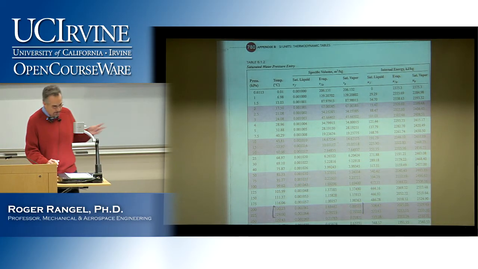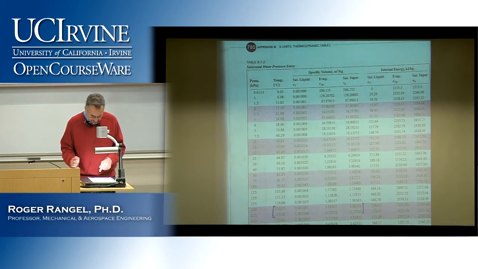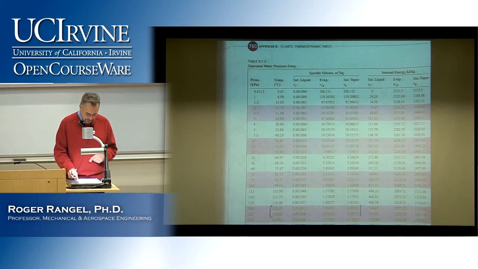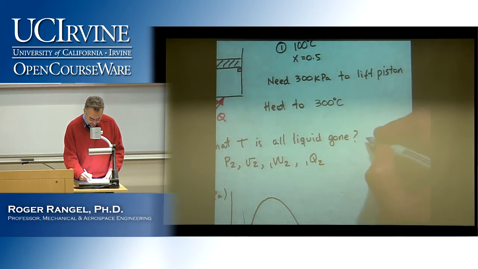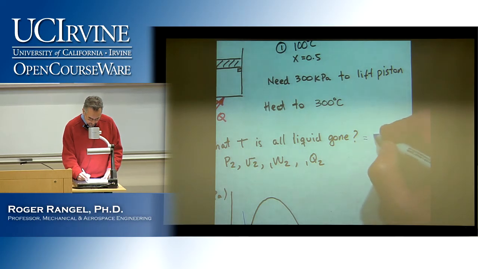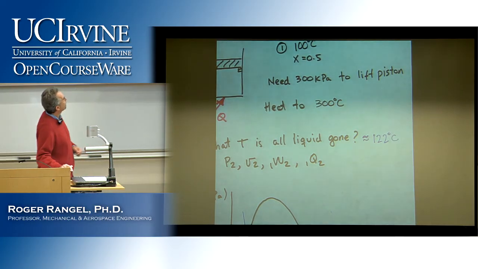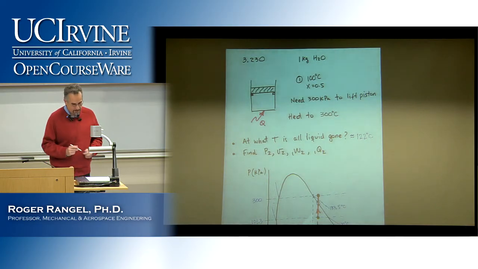It has to be between 120 and 124, so it's not a huge temperature difference. I figured it was more or less in the middle, so I picked 122. So the answer to this question for me was approximately 122 degrees Celsius when all the liquid is gone.